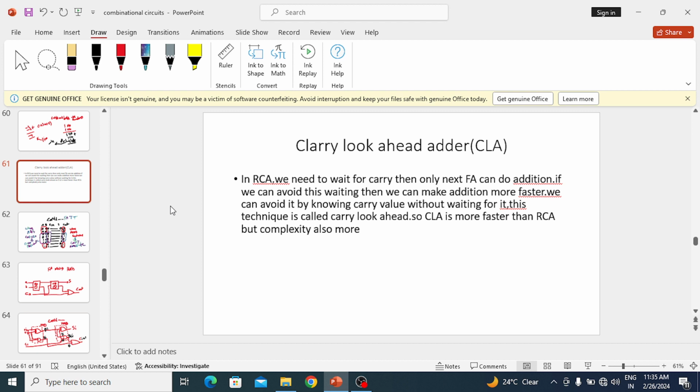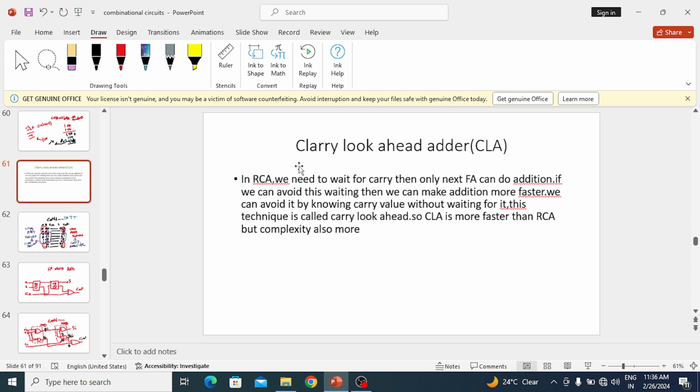If we can avoid this waiting, we can make this addition faster. How can we avoid this waiting? If we know the carry value without waiting, then we need not wait. But how can we know the value? Knowing the carry value without waiting is called carry look ahead.